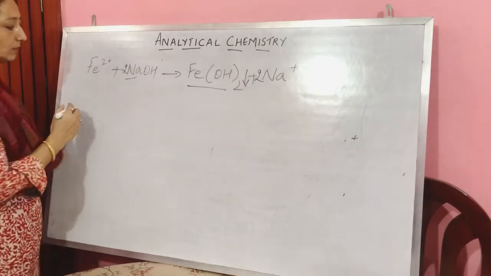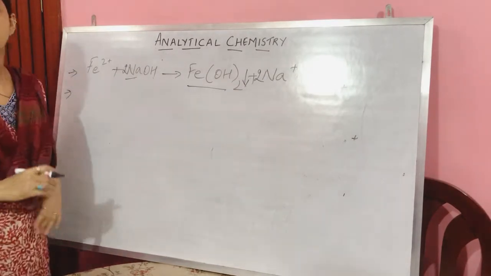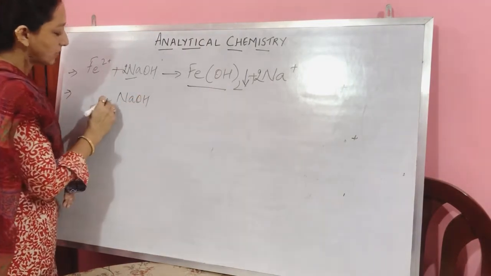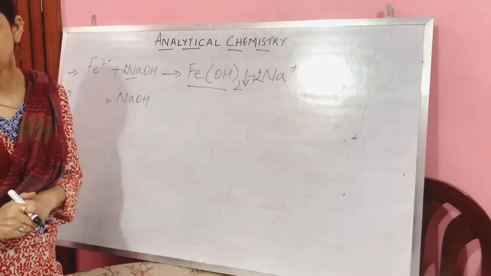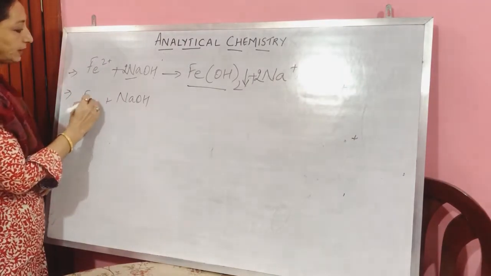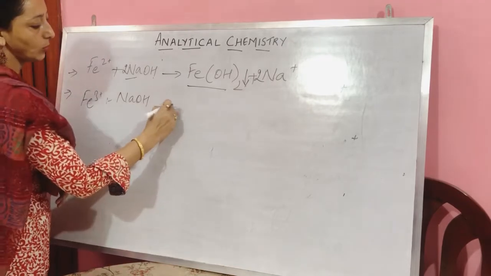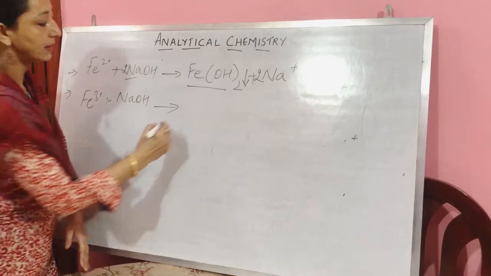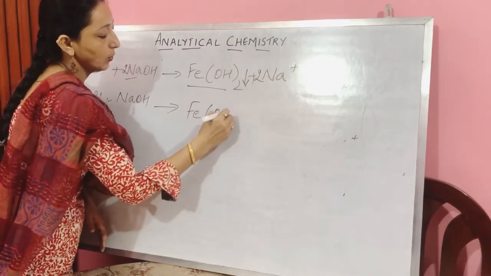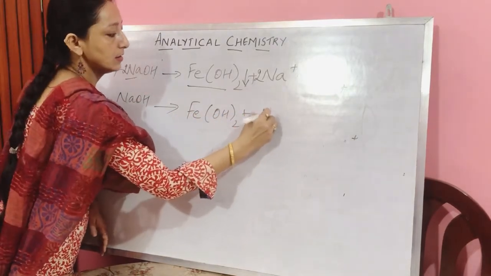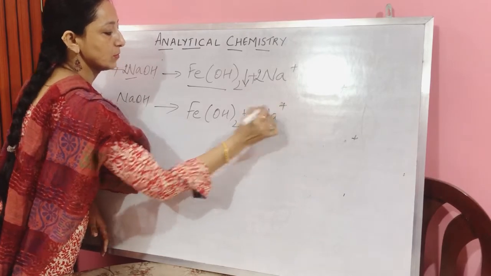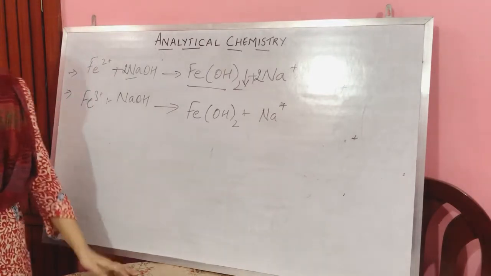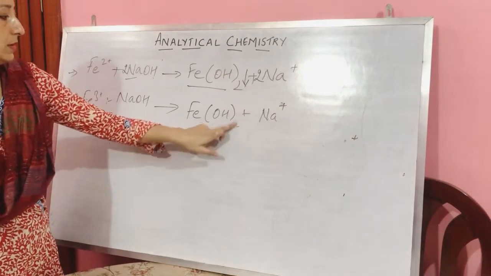Next, when NaOH solution is added to a solution which has Fe3+, it forms a precipitate of iron 3 hydroxide, Fe(OH)3, and sodium ions are formed.